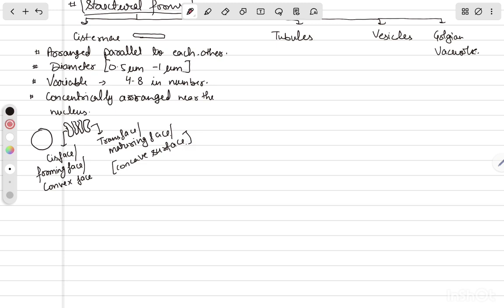So this cis phase or forming phase is located towards the nucleus. We'll discuss about the function of cis phase and trans phase. It is located towards the membrane, right?